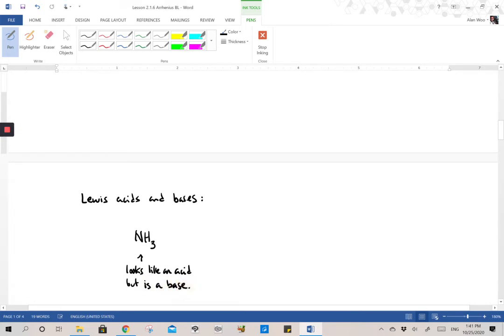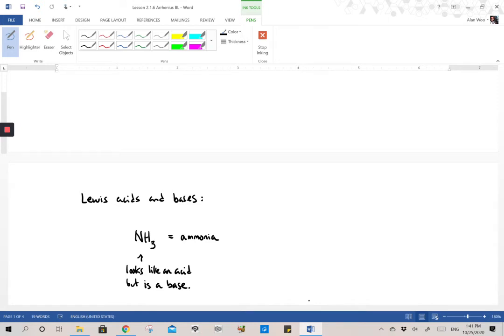But here's the thing, neither Arrhenius nor Bronsted-Lowry could figure out why it is a base, because neither of their definitions would explain how NH3 behaves. NH3, most of you should already know, is the same thing as ammonia. It is a very, very strong base.